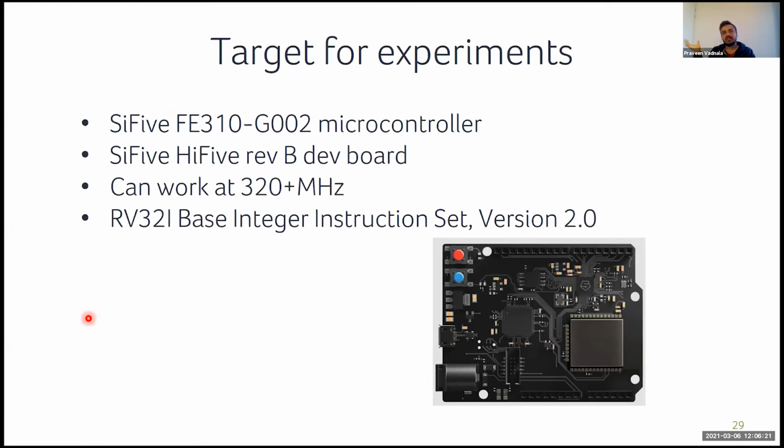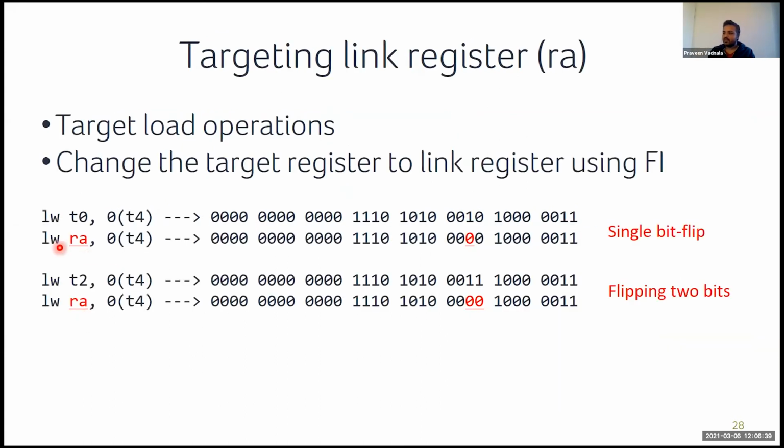We discussed what a fault is, how to induce faults, what the RISC-V ISA is, what the registers and instructions are, and finally how we can induce faults so that, for example, RA corruption can be achieved. And in a similar way we can also do it with the stack pointer.